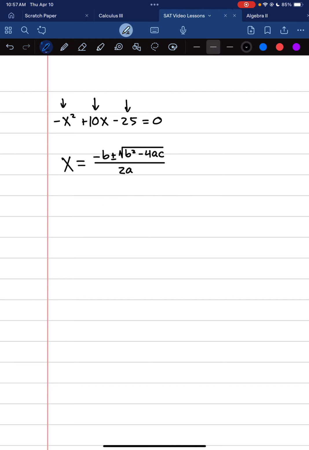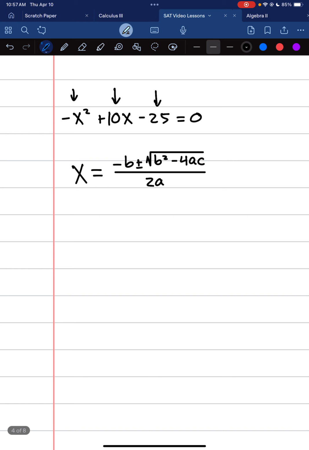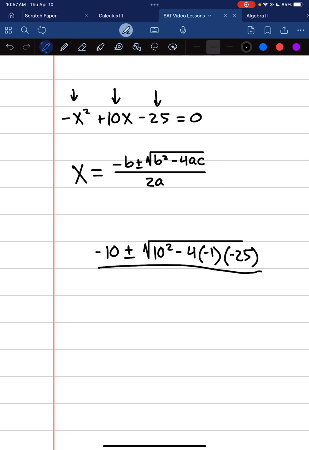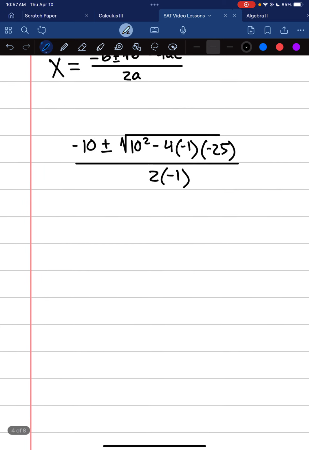we end up with -10 plus or minus the square root of 10 squared minus 4 times a, which is -1, times c, which is -25, all over 2 times a, or 2 times -1.